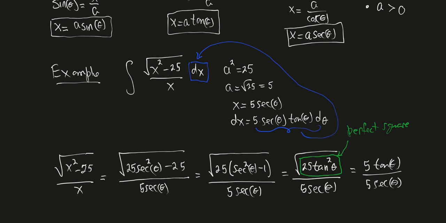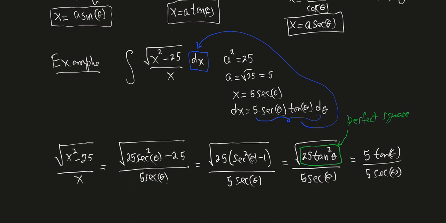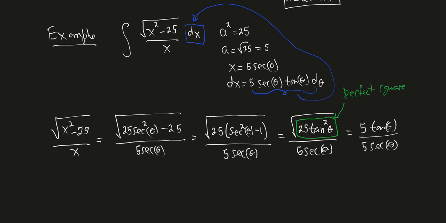But tangent divided by secant, we might be able to simplify that, but because there's a dx that we're now going to have to account for, I'm going to leave it in this form, and then I'm going to take what we have here, multiply it by my dx, and then simplify all of this, right?